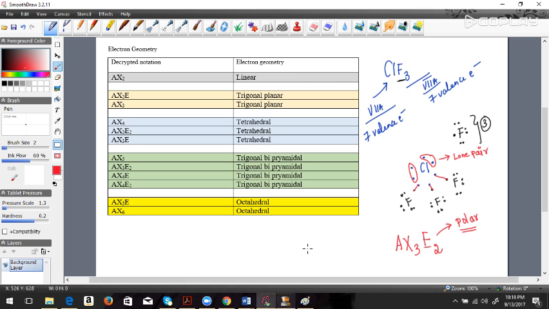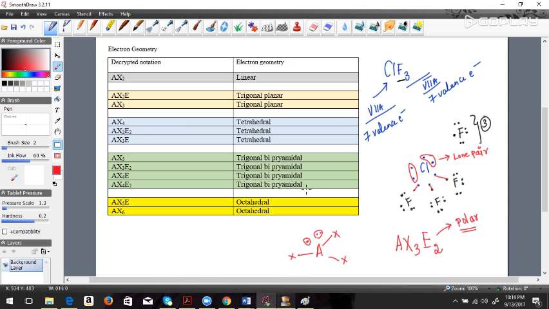Now if you draw out the molecule, it really doesn't matter how you draw it out. I have 2 lone pairs. When we talk about molecular geometry, this will be a slightly different geometry.